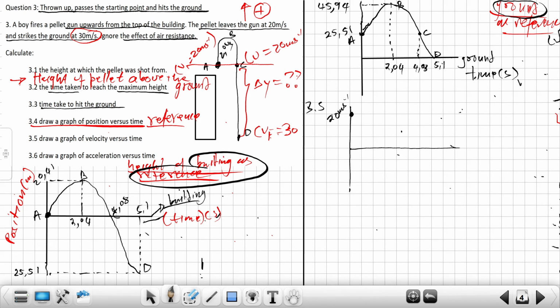Then it went up, approaching B. So when it is moving up, remember the velocity of the projectile decreases. And then from B to C, it reached a certain value. And then at C, it further went on to reach now D.